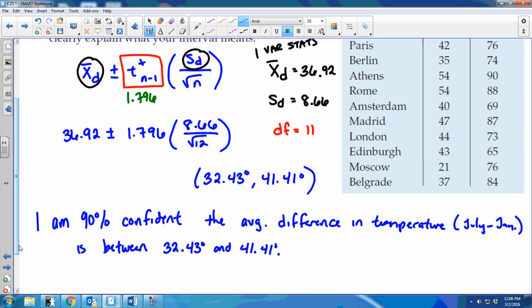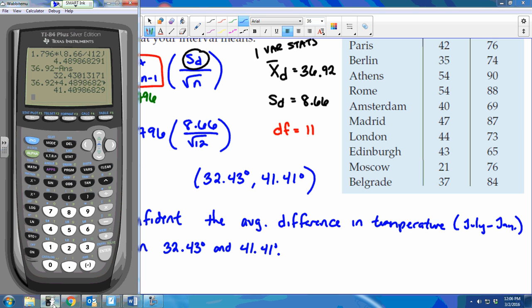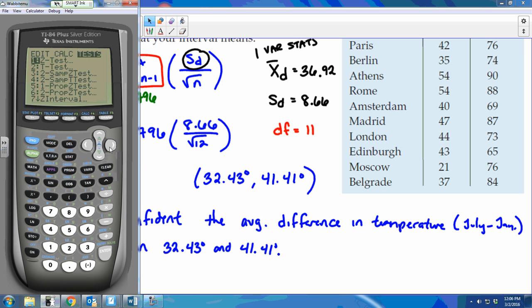Again, there isn't a paired t-interval in your calculator, but there is a one sample t-interval in your calculator. So if we wanted to check this in our calculator, stat test, we're just going to use a one sample t-interval, which I think, yeah, it's just called t-interval.